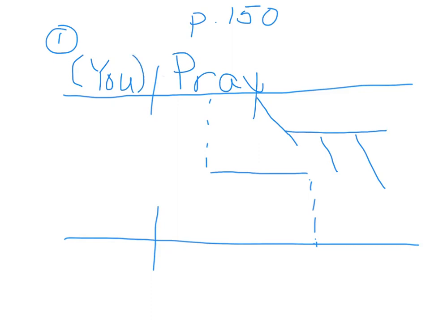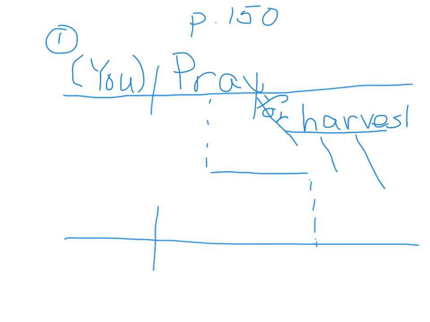So far I have you, pray, and next I see for a good harvest. For is a preposition word, so I need to come to my preposition line and write for. Oh boy, this is going to be hard. And then harvest is the last word in my prepositional phrase, so that goes on my noun line.